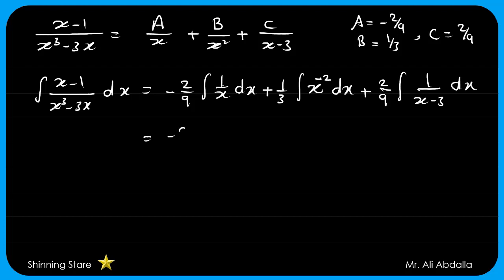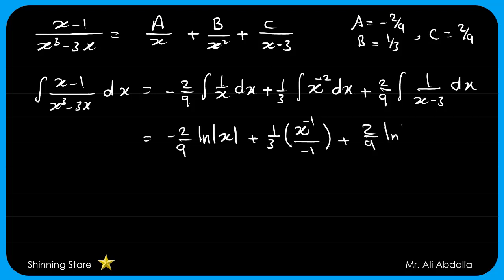Then we have negative 2 over 9 times the integral of 1 over x dx, which means natural logarithm of the absolute value of x, plus here we can use the power rule to find this integration. Then we get x to the power negative 1 over negative 1, plus 2 over 9 natural logarithm of the absolute value of x minus 3, plus constant.